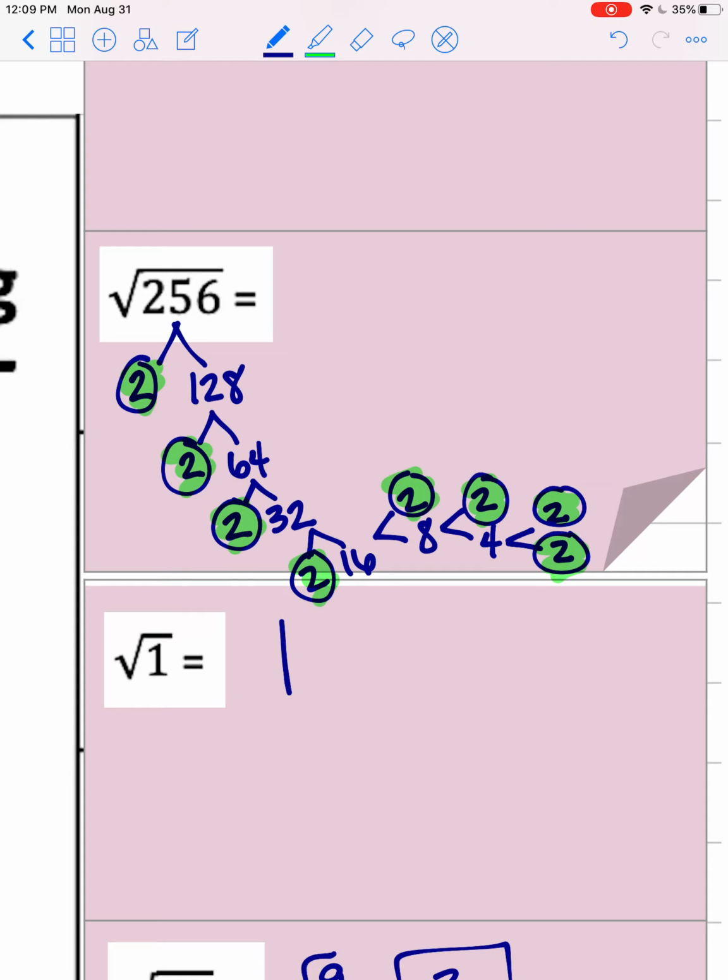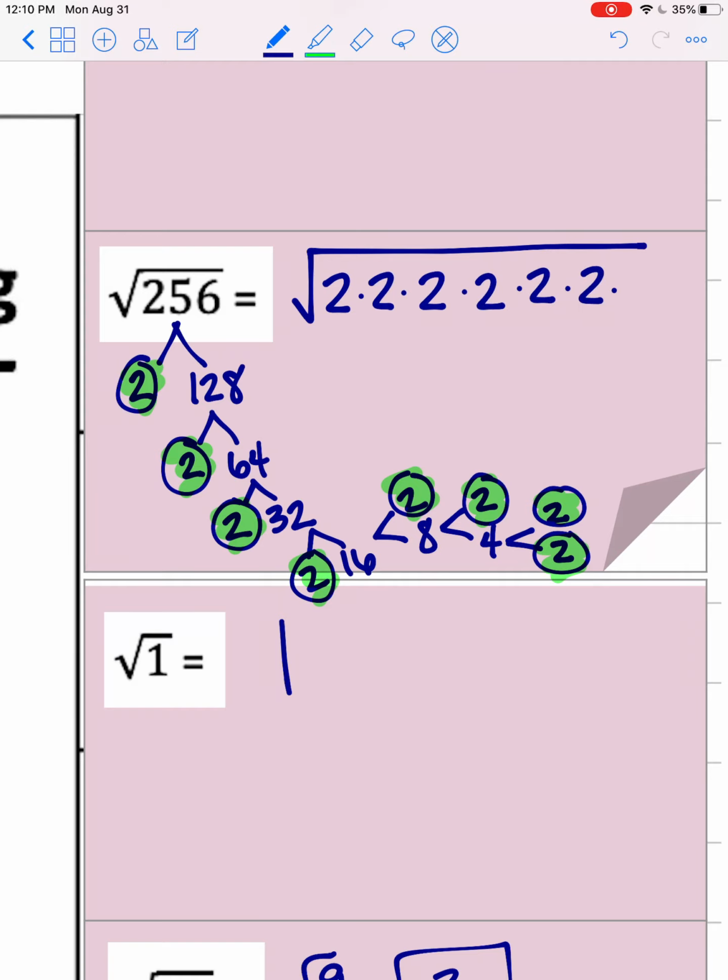Okay? So I'm going to take that and I'm going to write it like this. There's all my 8 2's that I just highlighted under the radical. I haven't changed the value. If I were to multiply all those 2's together, I would be back at 256.